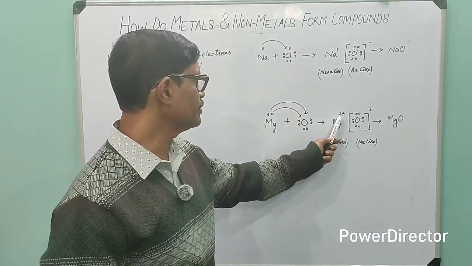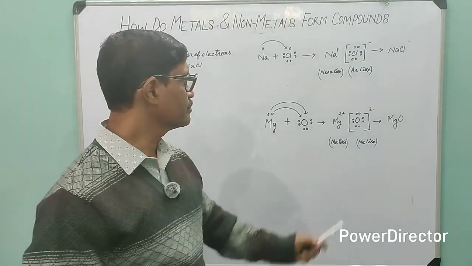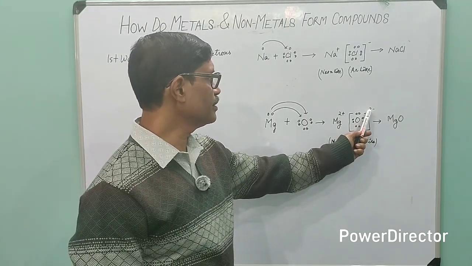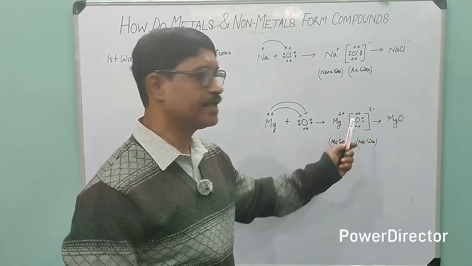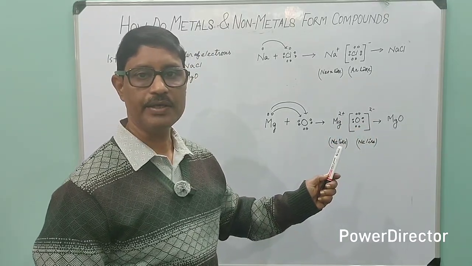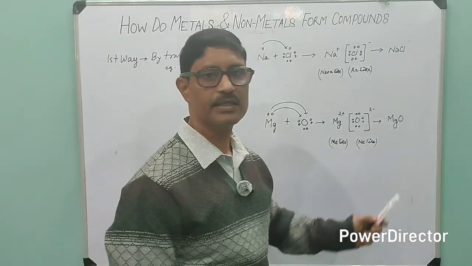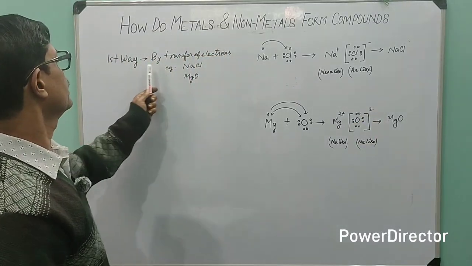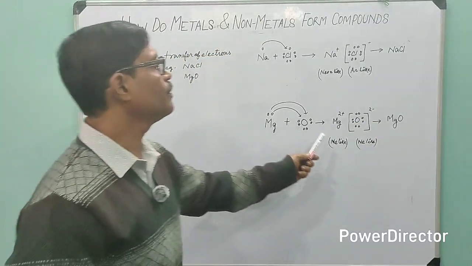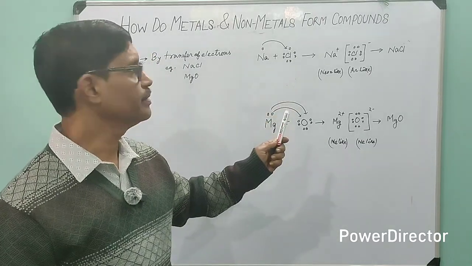Ultimately, magnesium by donating 2 electrons becomes a 2+ ion, and oxygen by accepting 2 electrons becomes a 2- ion. There is a binding force forming an ionic bond, and as a result magnesium oxide is formed. So this is how by transfer of electrons a compound is formed between metal and non-metal.